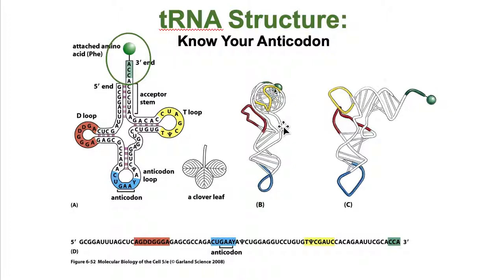So first we'll revisit this degeneracy for a second, why it's degenerate. Again, all these different cartoons will draw it a little bit differently. In the prior one, we had the message going 5' to 3'. Here we have it flipped so that we read the tRNA 5' to 3'. So this is the wobble base, the C here.